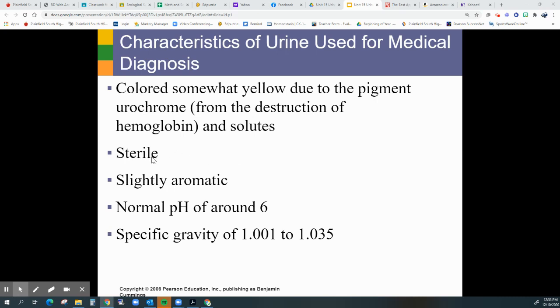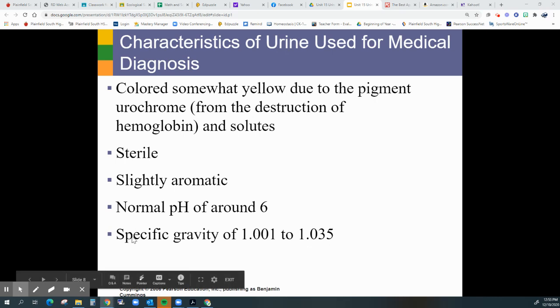It should be sterile for the most part, unless we've got some sort of an issue. It has somewhat of a smell to it, mostly because of the urea and ammonia in it. It should have a pH of around 7, so it's actually somewhat acidic. And specific gravity should be somewhere between 1.01 and 1.035.